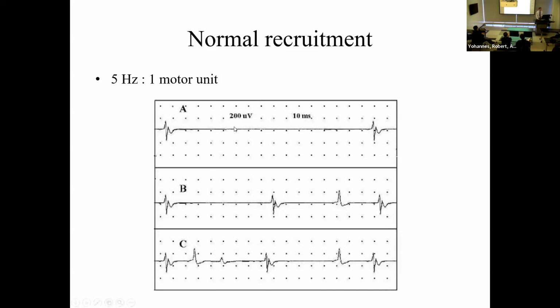You stick the needle in and you see here's a motor unit, and then it's silent, and then we see another motor unit. We won't go into the calculations, but as a fellow, you'll have to look at it and say immediately how many hertz this is firing, just based on what the screen shows you. But we're not going to go into that. But basically, you can see that infrequently we have the same unit firing.